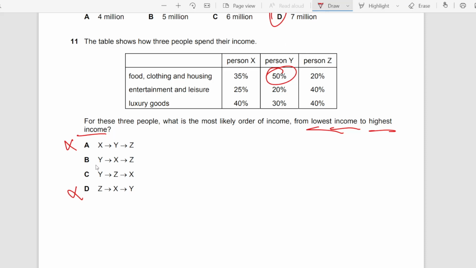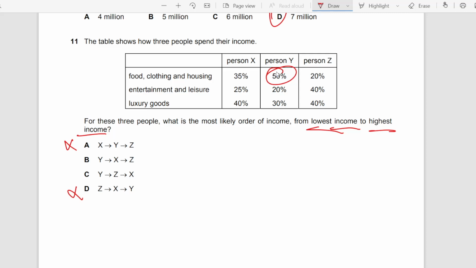Now let's look at the second phase of the answer. Person Y is spending 50% of his income, and the other 2 people are spending even less proportion of their income on the basic foodstuffs. So the individual that spends the highest proportion of his or her income on the basic foodstuffs and the housing, so the basic needs, would likely be the person on the lowest income.